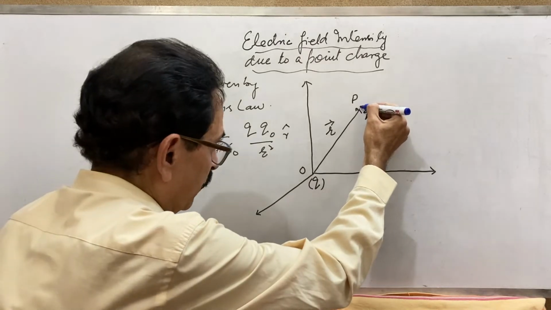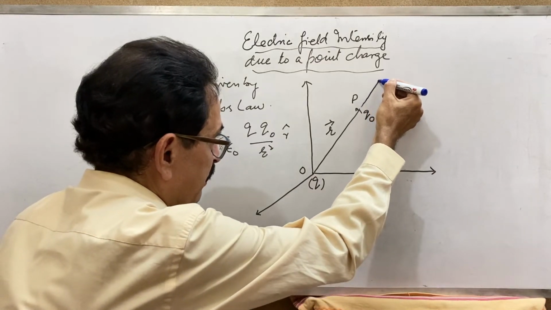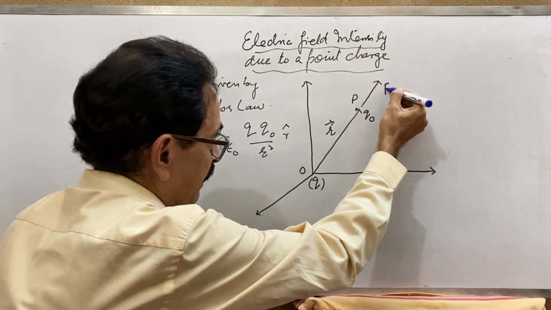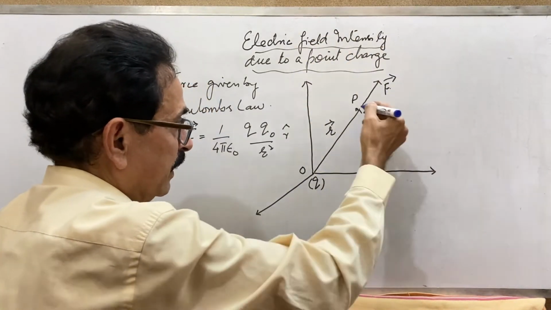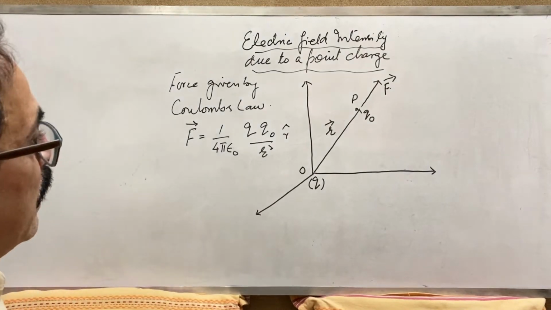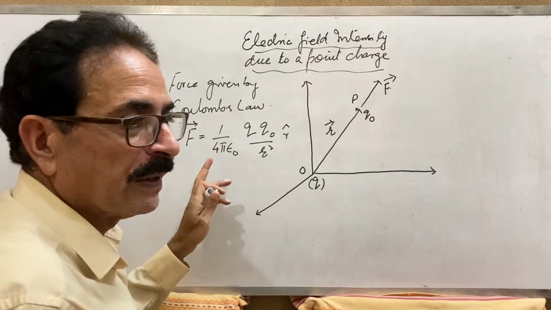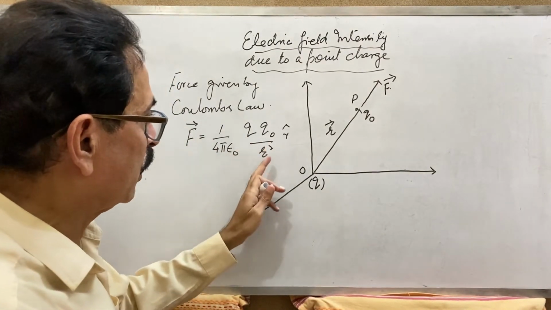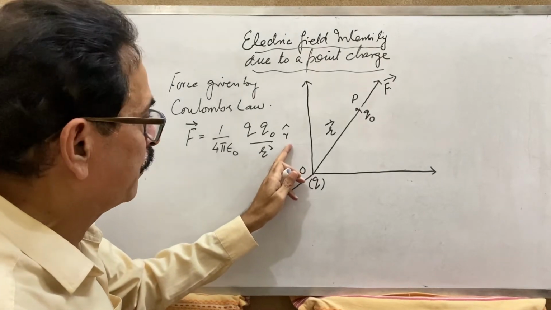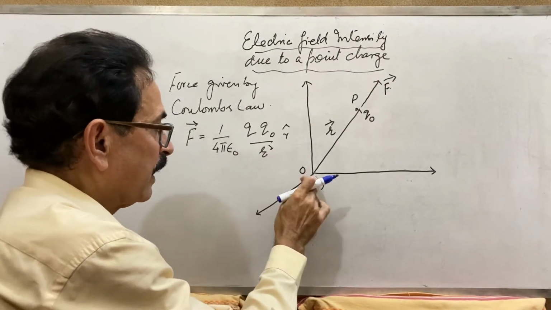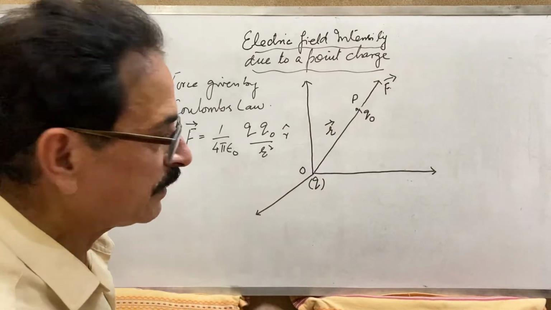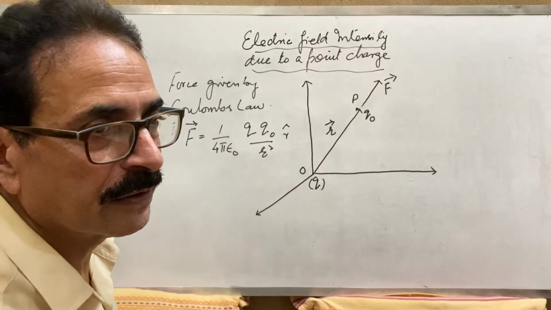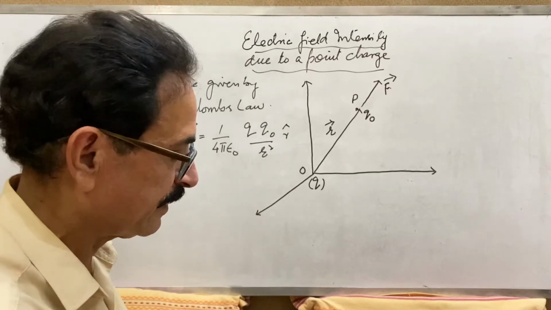So the direction of the force here is along this way, this F, because it is a repulsive force. This charge repels this charge. F is equal to 1 upon 4 pi epsilon naught Q Q naught upon R square R cap. We take for granted these two charges lie in free space, so we are using here epsilon naught, the permittivity of free space.